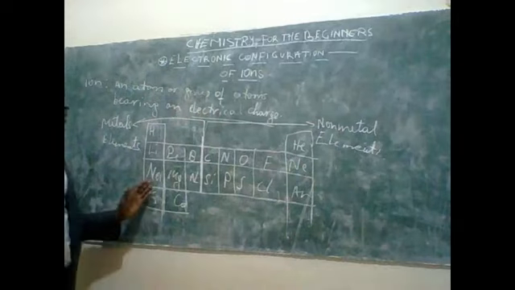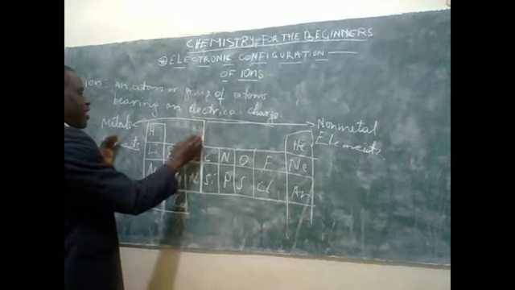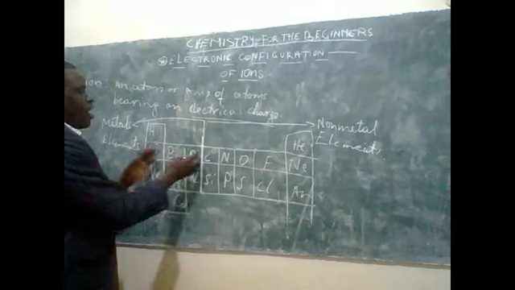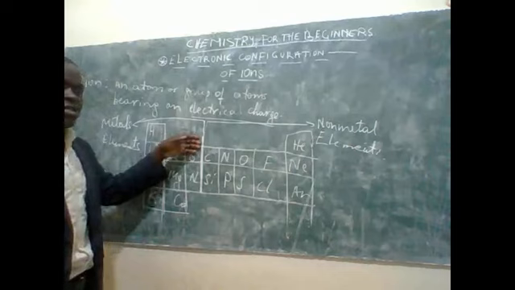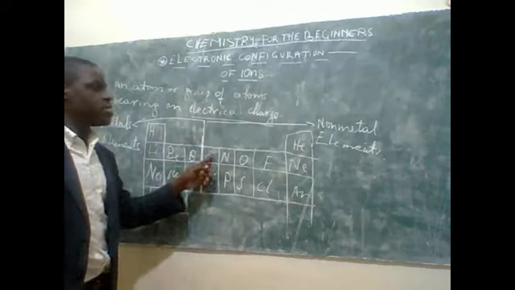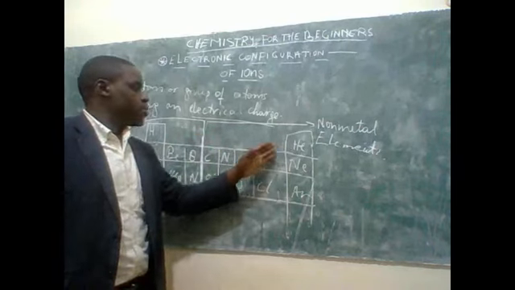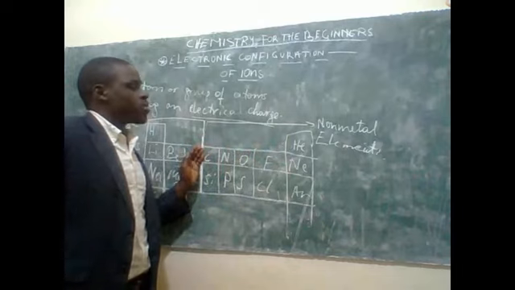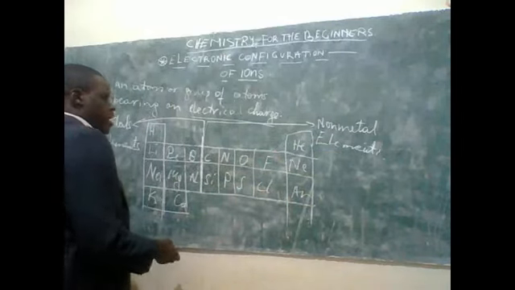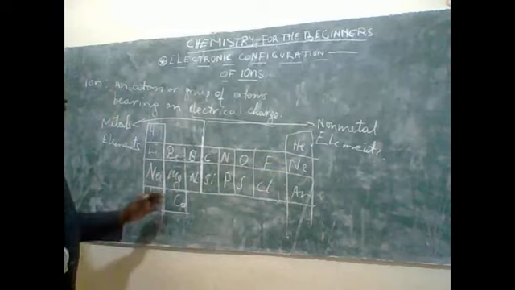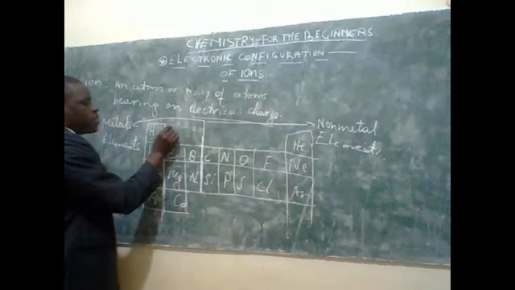For example, I can pick lithium randomly. It is a metal because it is found on the left side, starting from boron. Even boron belongs here because it is in group 3. But carbon is a non-metal because it is in the fourth group or family, and from the fourth group to the right side, elements are considered non-metals. So from here, I can tell you that these metals, we call them donors.